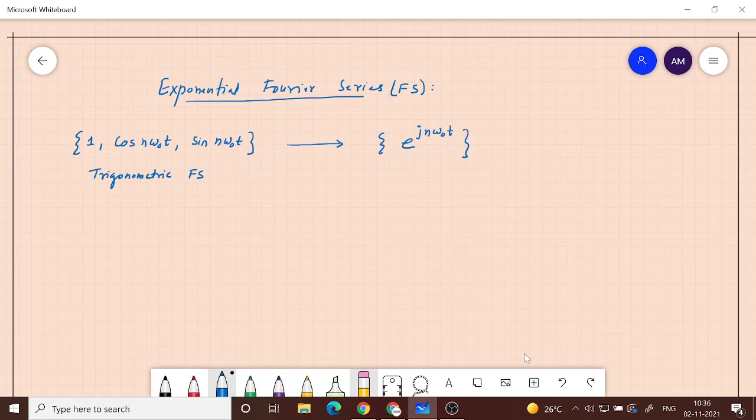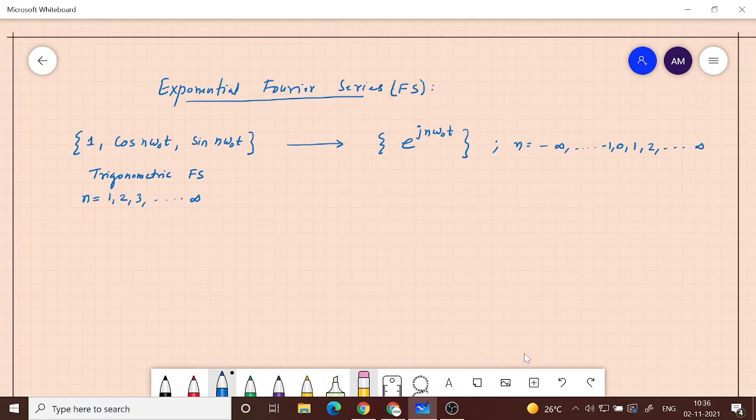Now there is one difference. In the first case, n is varying like 1, 2, 3 up to infinity. There are infinite number of cosine functions, infinite number of sine functions, but n takes values only from 1, 2, 3 up to infinity, whereas here n takes values from minus infinity, minus 1, 0, 1, up to plus infinity.